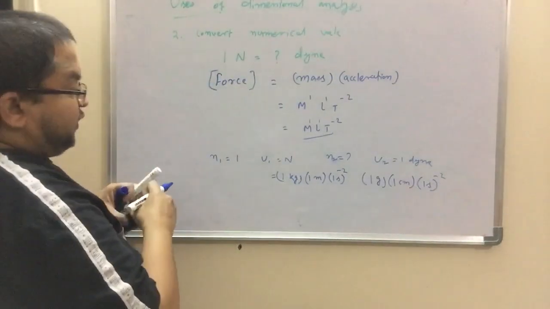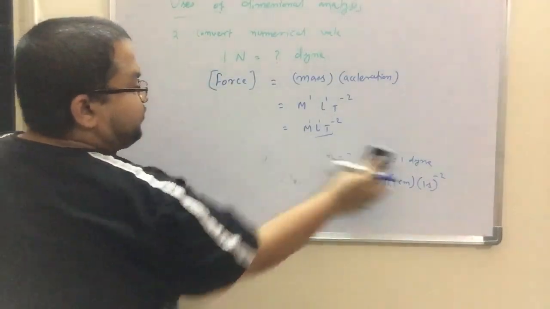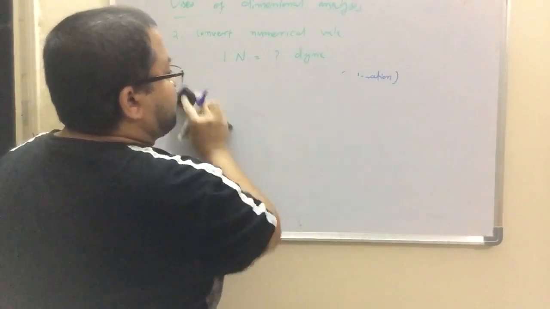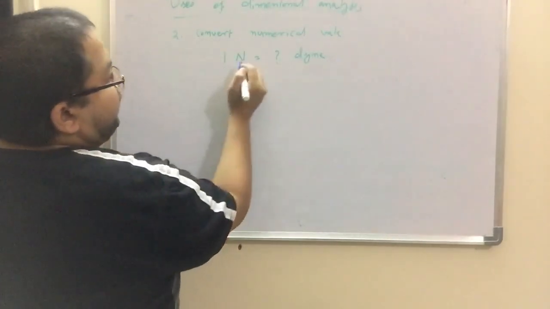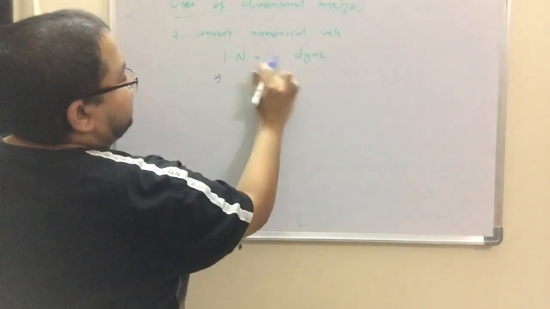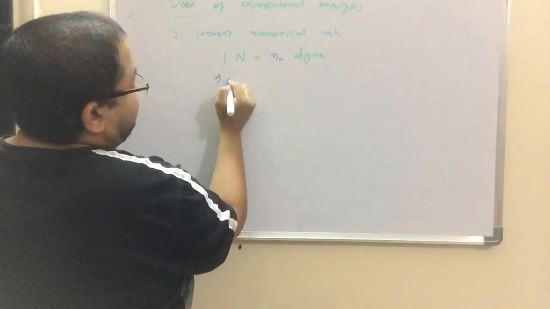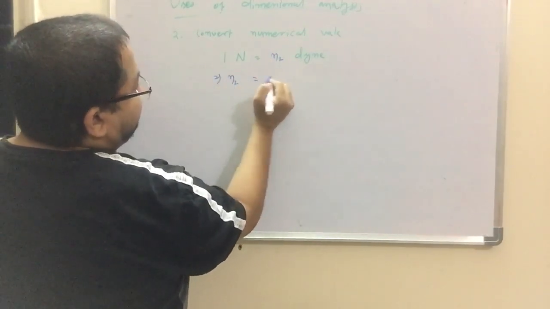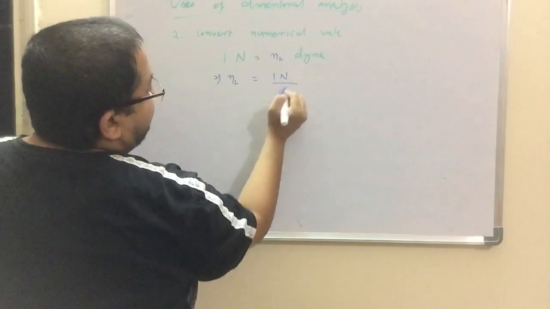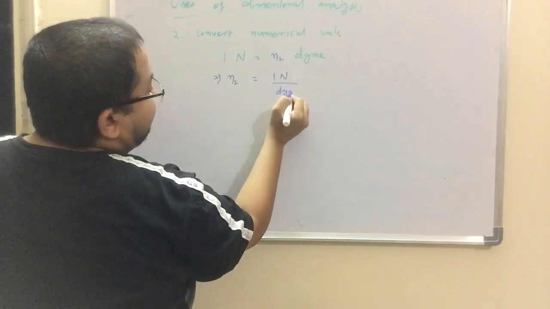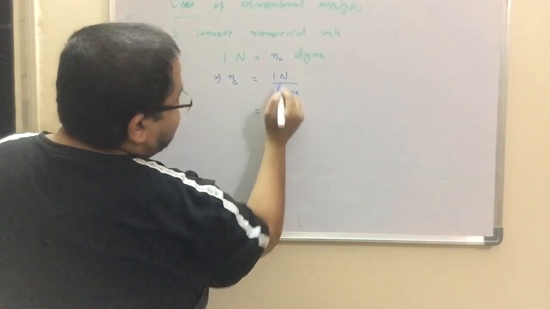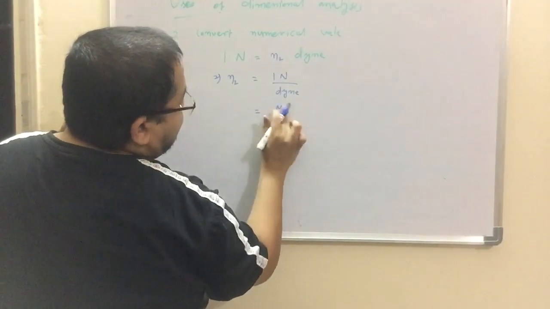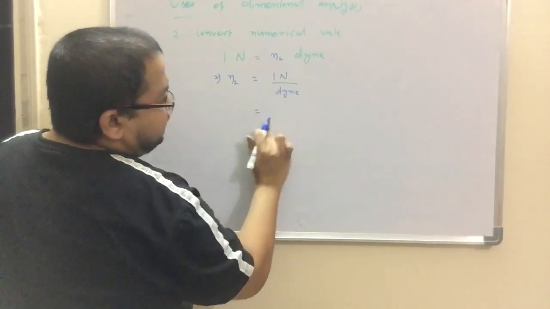Now let's do the calculation over here. Suppose this is N2, or your N2 equals 1 Newton by dyne, or as we discussed, M L T minus 2 is the dimension.